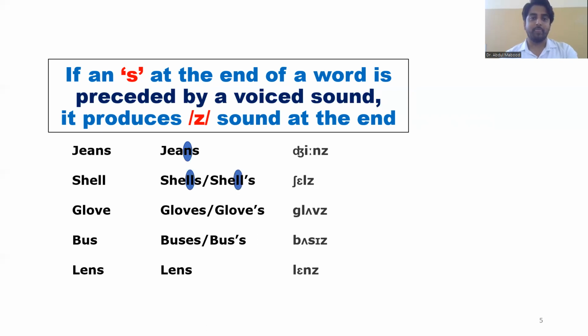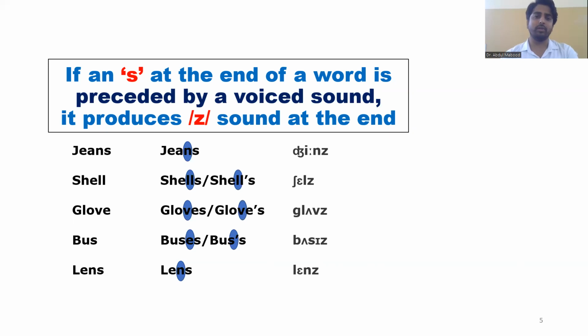You can see all these highlighted letters, they are voiced. So all the s's here are after voiced sound. That's why at the end you have to pronounce z.